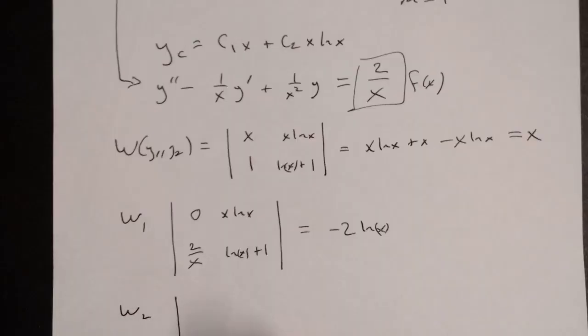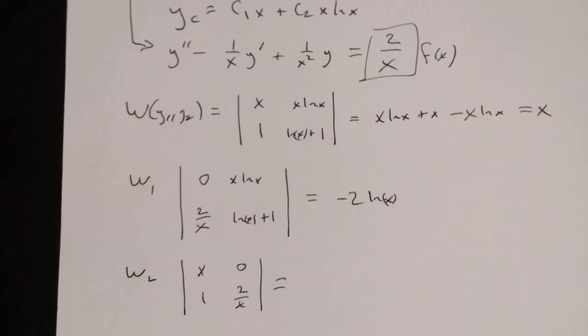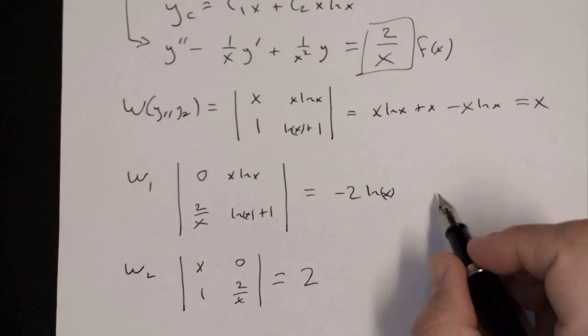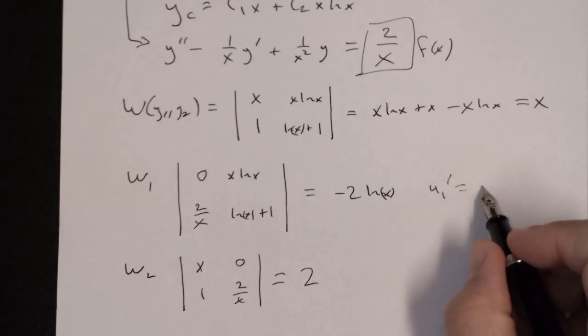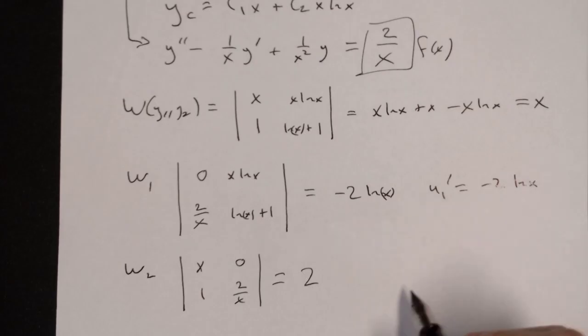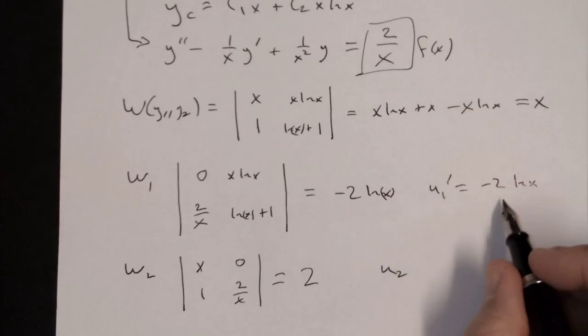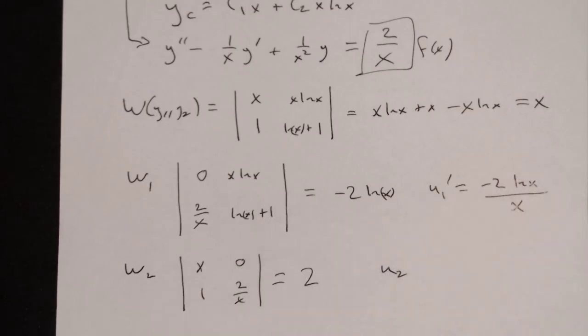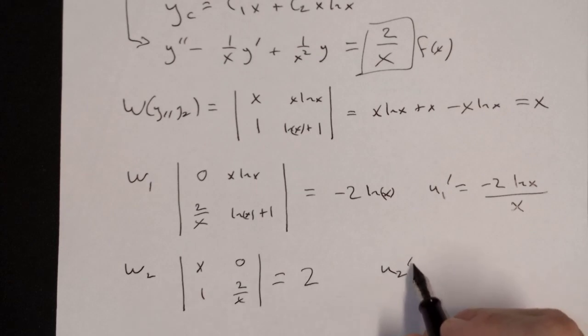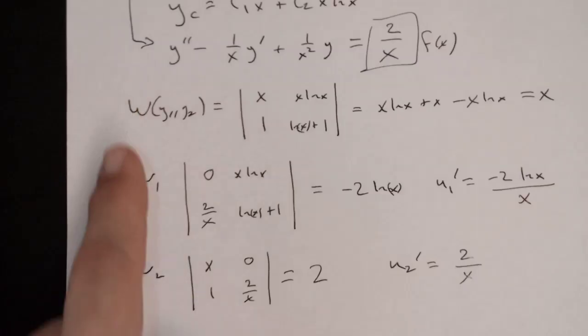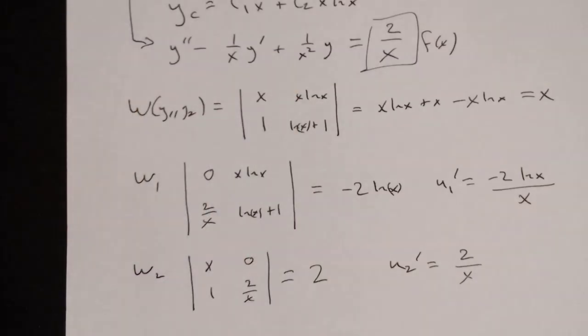W2 replaces the second column. That determinant is, yay. So U1 prime is negative 2 ln of x over x. And U2 prime is 2 over x, because it's W1 over W and W2 over W.